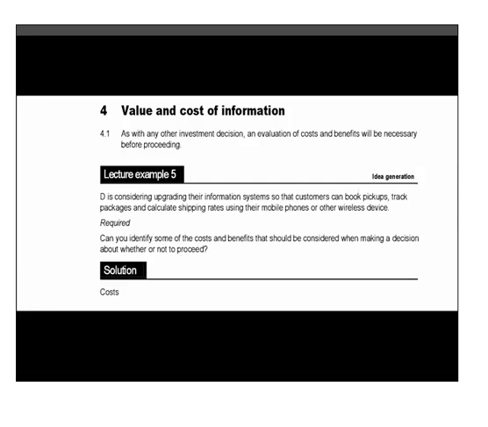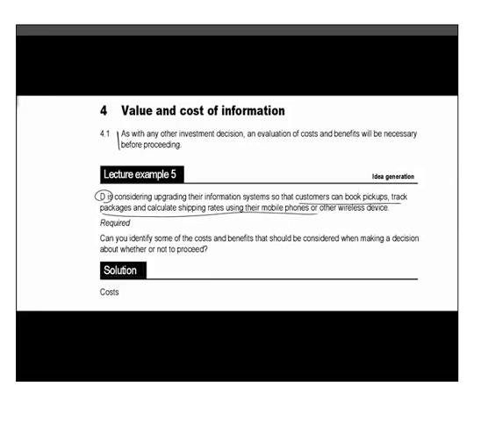And just to show how this sort of thing can work and to get you thinking through the sorts of issues you may need to deal with, we've got a lecture example, again focused around D. They are looking at a potential upgrade to their information systems. They are thinking about implementing a system that will allow customers to do various transactions, to book, to track packages and so forth, using their mobile phones or perhaps their other wireless device, such as a tablet PC.